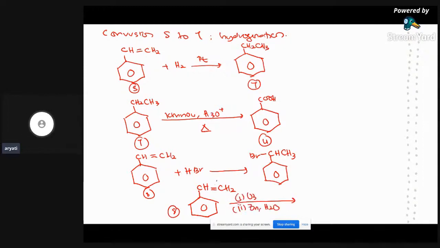So dia akan potong kat sini. So dia akan jadi C double bond O H, which is benzaldehyde. Kita label ini sebagai W, and methanol C double bond O H. So this is the solution for question number 6B.